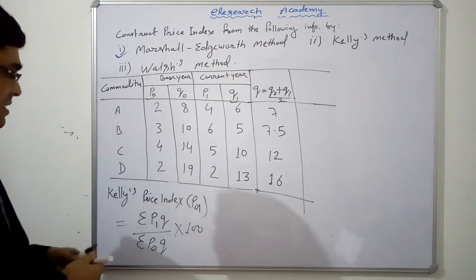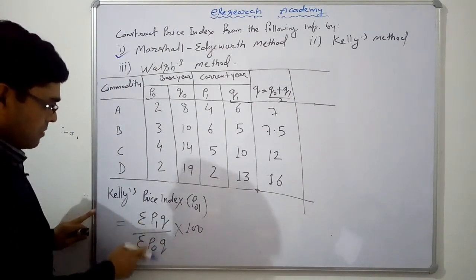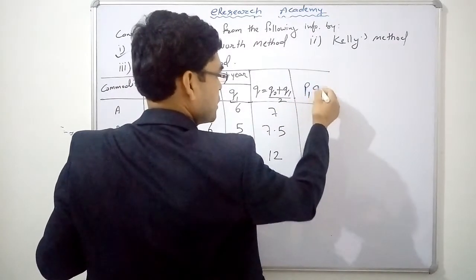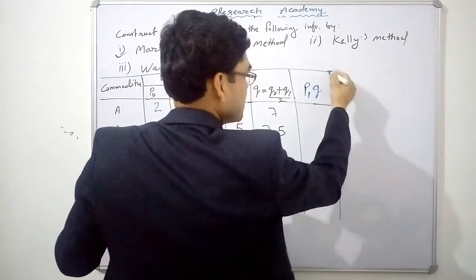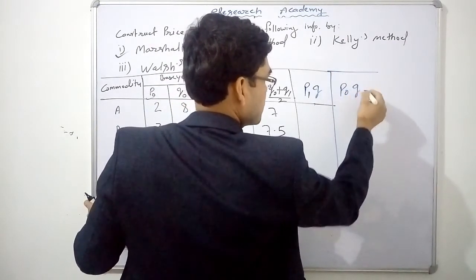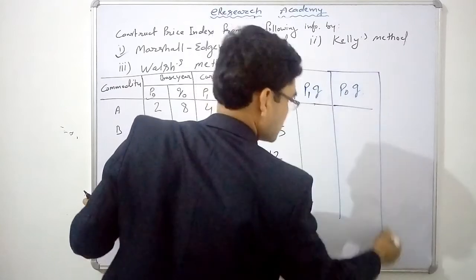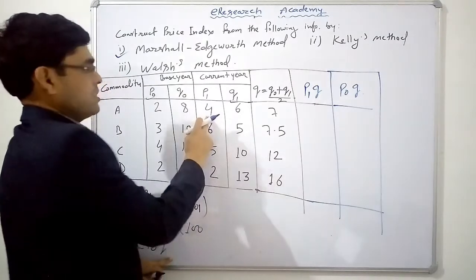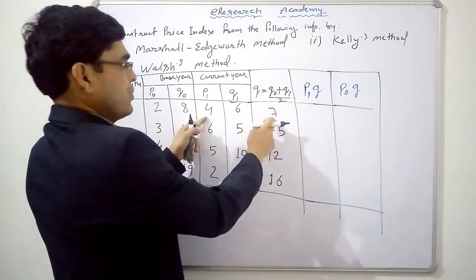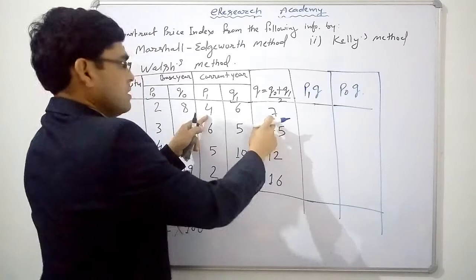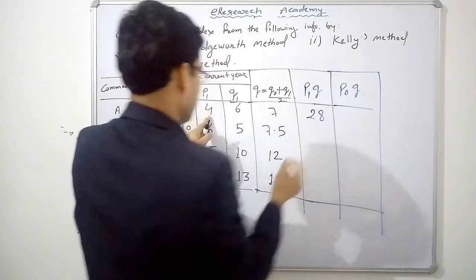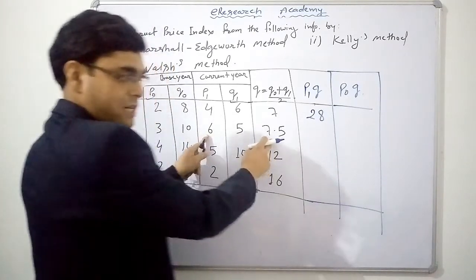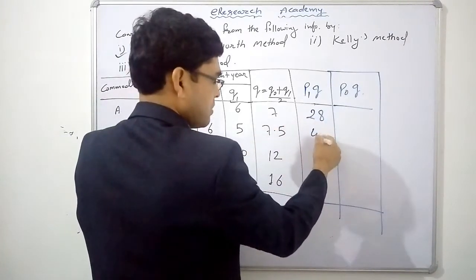So now we need these two columns, P1Q and P0Q. For P1Q, P1 we have 4, into Q we have 7, 4 into 7, 28. Then 6 into 7.5, this gives us 45.